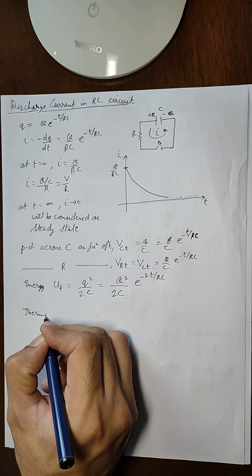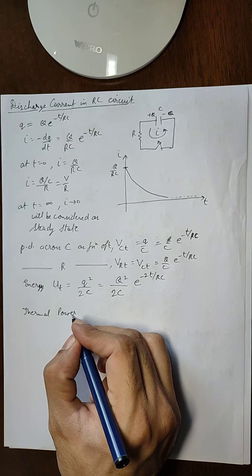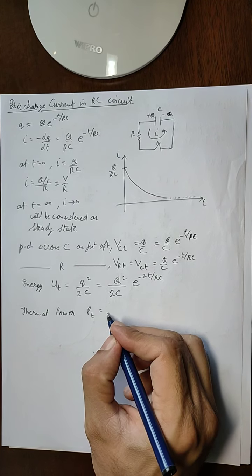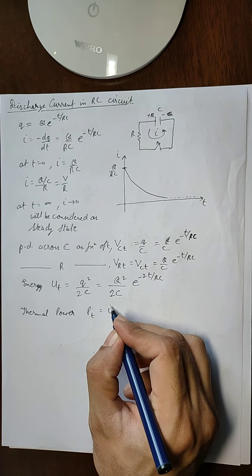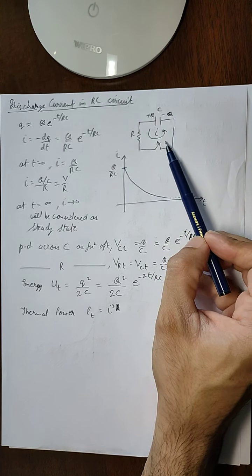Similarly, we can find out the thermal power as a function of time. We will write it as P(t), and it will be equal to I square R, because as we have studied already, whatever heat is produced in the circuit, it will be produced across the resistor only, or if the resistor is not connected, then the heat will be produced across the conductor.